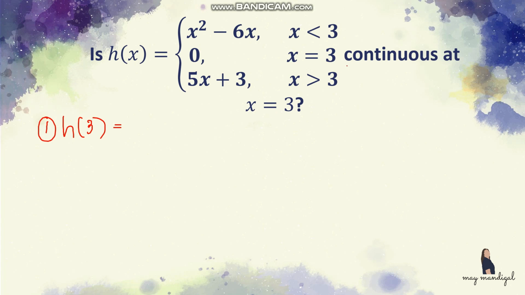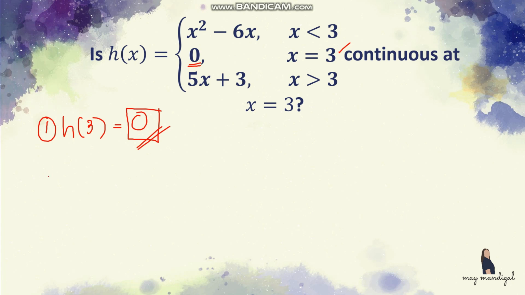Since x is equal to 3, we will be using the second sub-function. Since our second sub-function is a constant function, whatever value of x we use, it will still lead us to the same value, which is 0. So therefore, h of 3 is 0. This is now the value of our function if x is equal to 3.